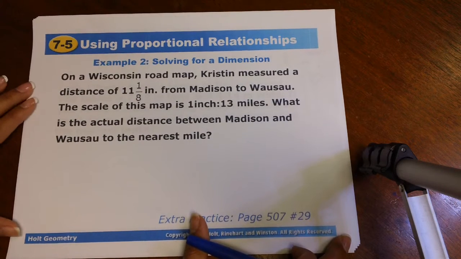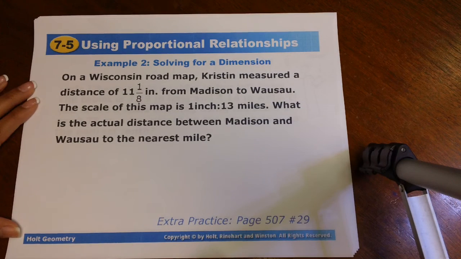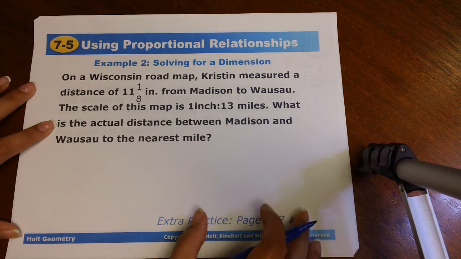Here's your next example. It says, on a Wisconsin road map, Christian measures a distance of 11 1/8 inches from Madison to Wausau. The scale on this map is 1 inch to 13 miles. What is the actual distance between Madison and that other place, to the nearest mile?